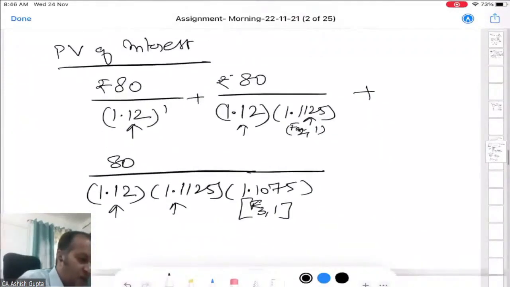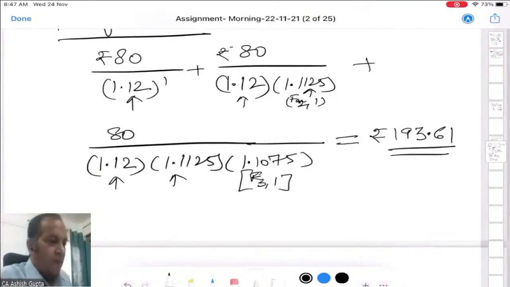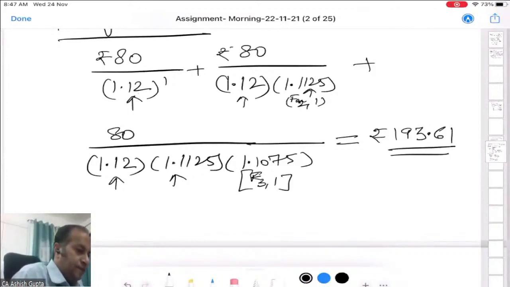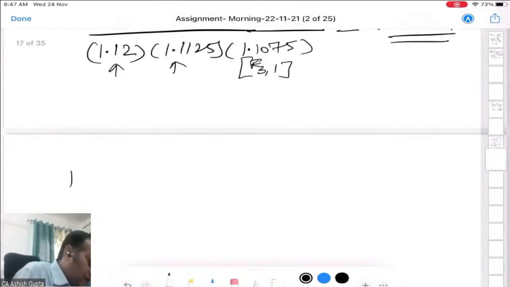So this means the present value of interest, and the value of interest will be. Now we compute the present value of the maturity value of the bond.